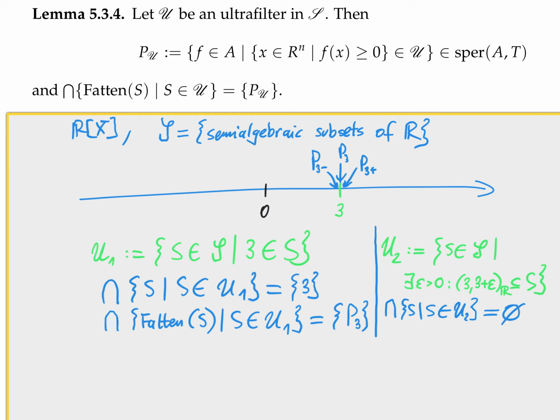It's clear, right? But if I take the intersection of our fattenings, it's an easy exercise. It's P3 plus, right?